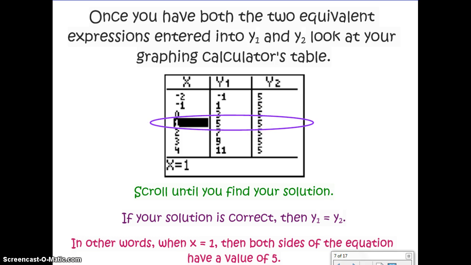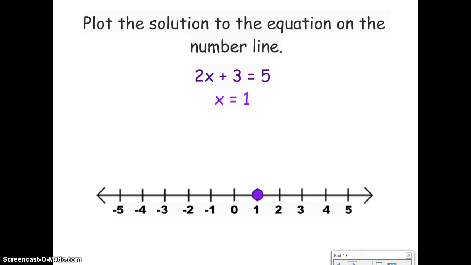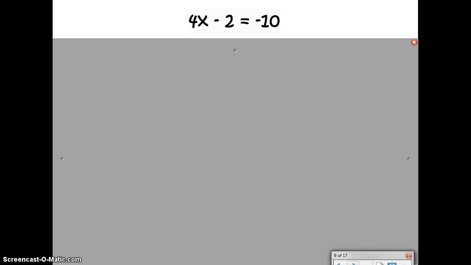When the two y values are the same, that is the value of x that makes the left side and the right side true. If we were to put it on a number line, we have x equals 1. There is one dot at the 1 because it is an equation and there is one solution that makes it true.